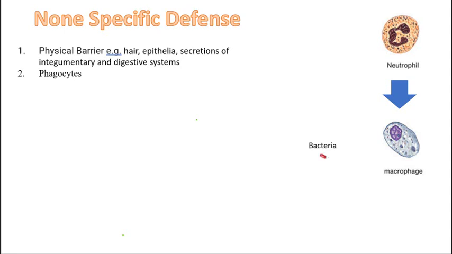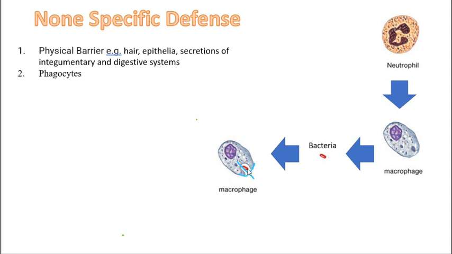Macrophage will go and engulf them. So let's say that the macrophage encounters a bacteria. The macrophage is going to go after this bacteria and engulf it. So the bacteria is going to be engulfed by the macrophage.